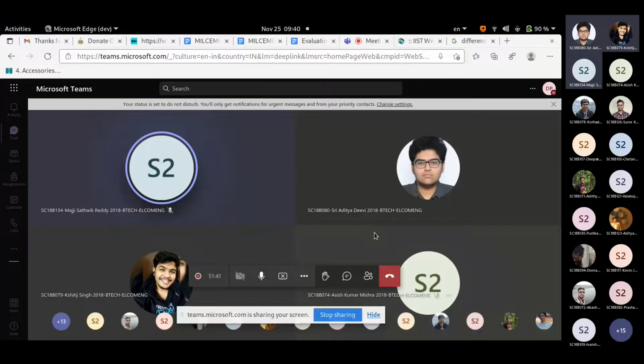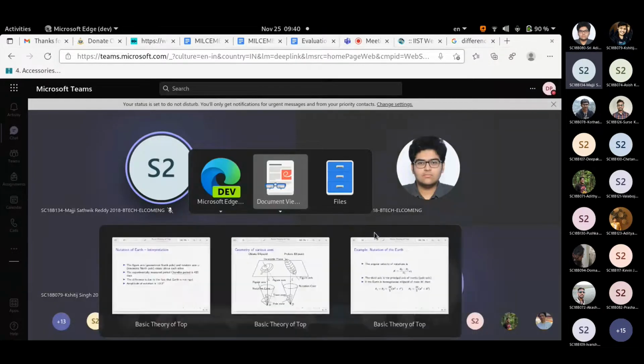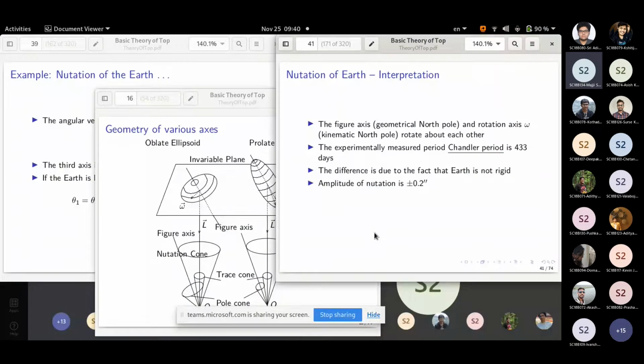I think probably it's a network problem. Yes, sir, the internet is slow. I think the institute net may have some issues.